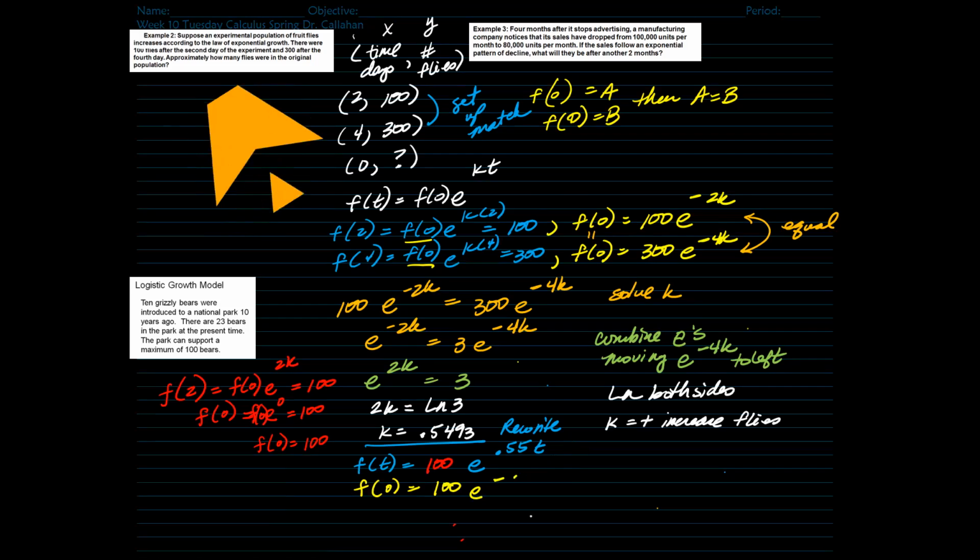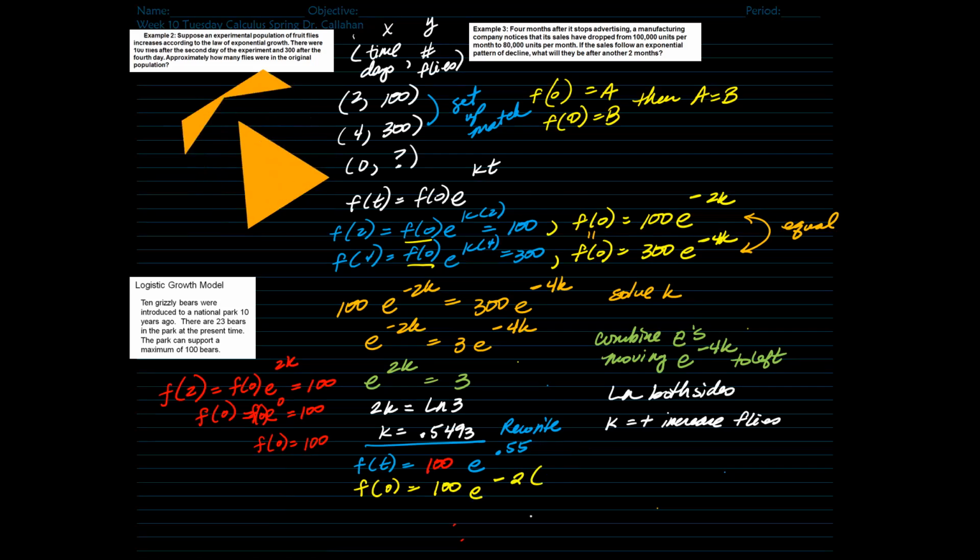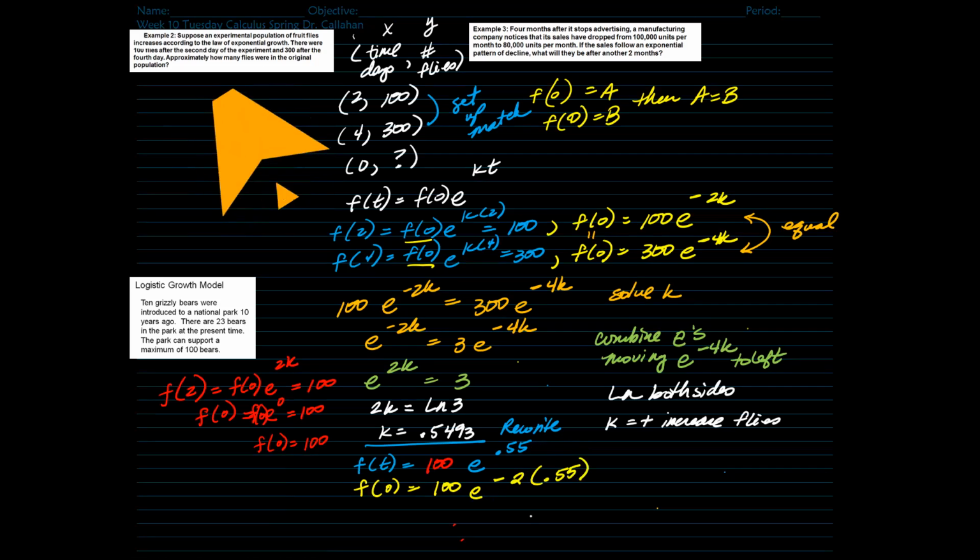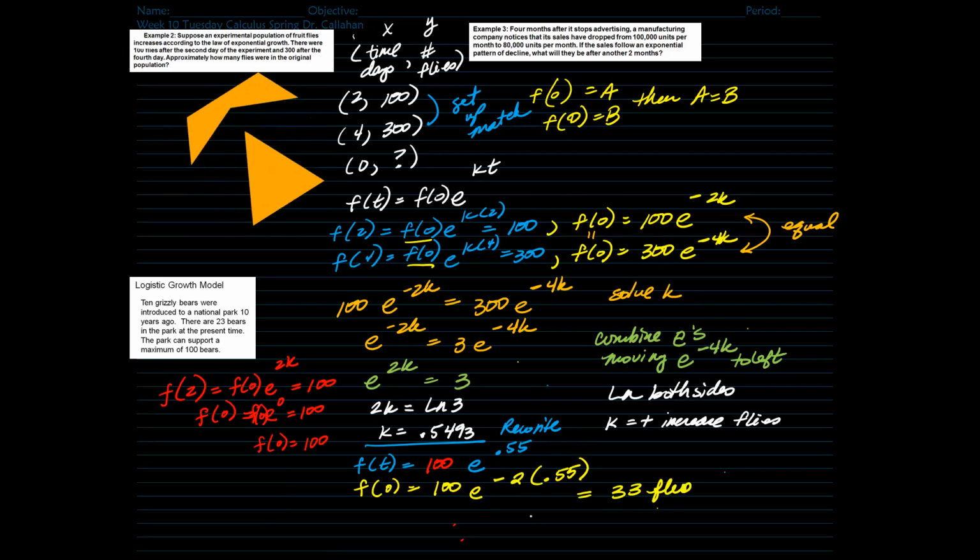To the negative 2 times 0.55, which is then going to give you 33 flies, and that's the number of flies that you started off with.